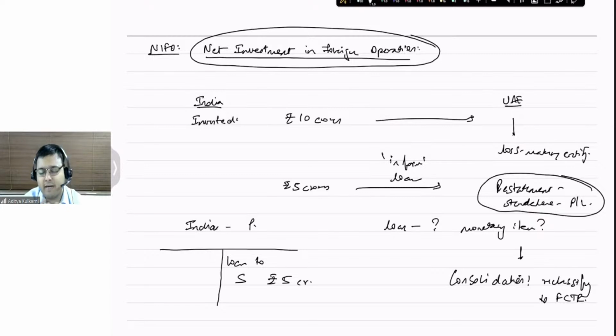This will be taken as a liability, because if this agreement is shared with the UAE authorities, the UAE authorities should not come to the conclusion that this is an investment which is being made. Ultimately, they have to structure the contract in such a way that the UAE authorities are convinced that 5 crores is a loan and not an investment. So for that purpose, the contract will specify.